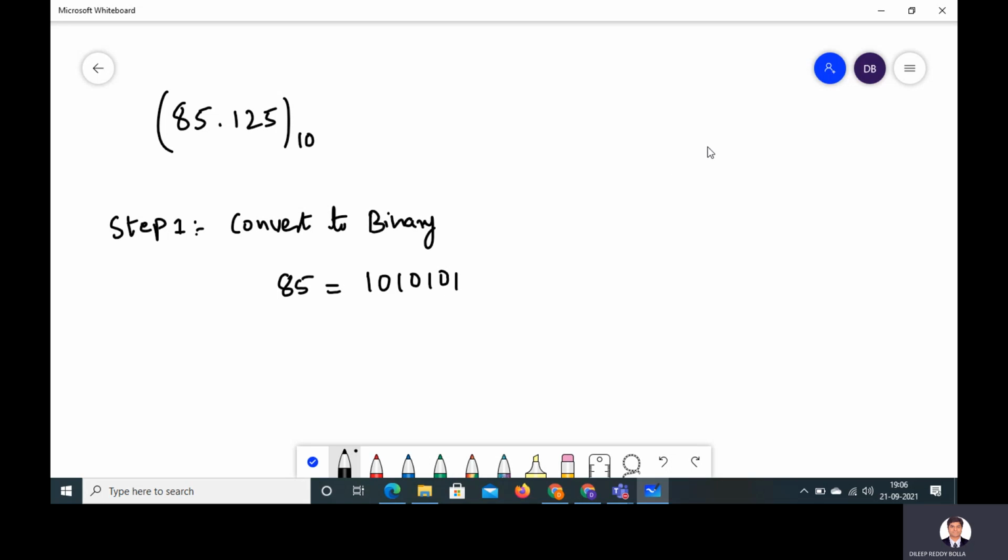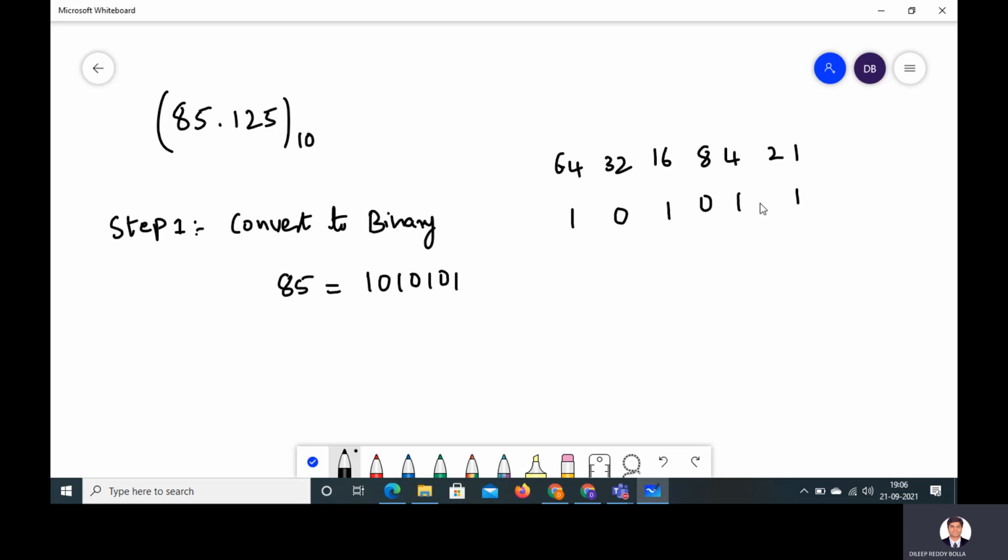You can use this shortcut: 8421, and 16, 32, 64. The number given here is 85. So for 64 I write 1, for 32 it is 0, for 16 it is 1. If we add 64 and 16 we get 80, and we need 5, so 4 and 1.